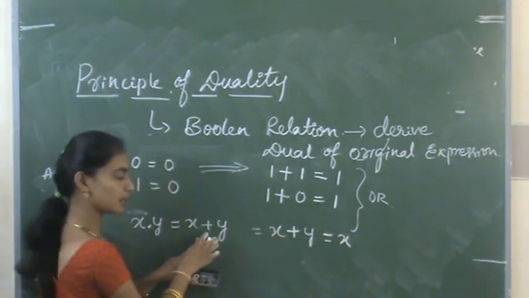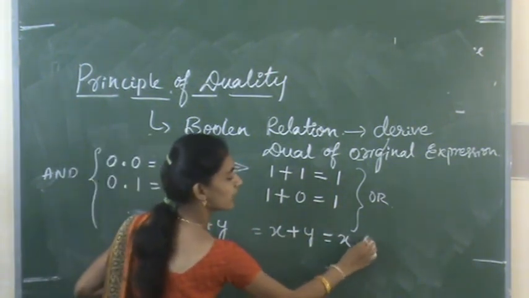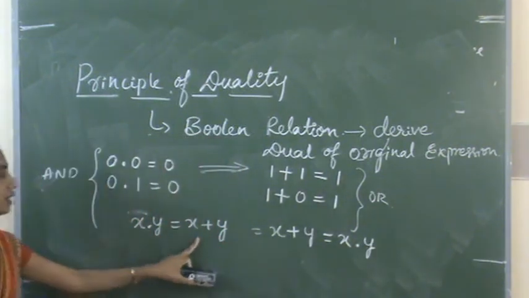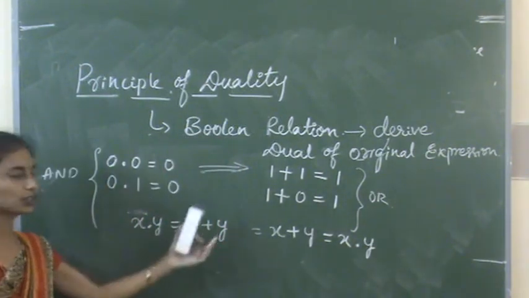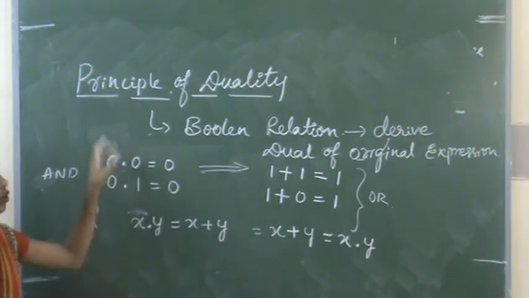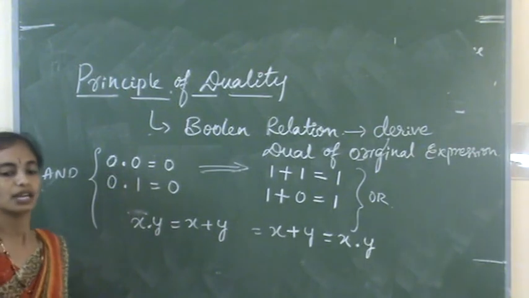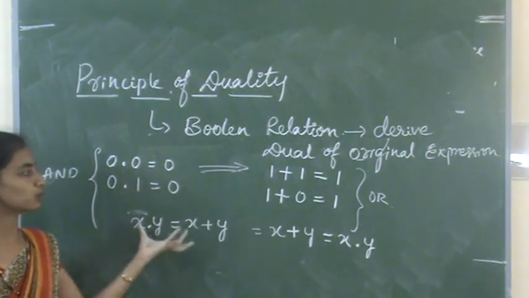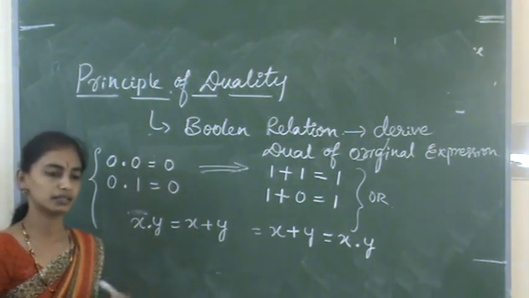We have the OR operator, change it to the AND operator, and then y. So like this we have to dual the original relation or original expression. So this is about the principle of duality. Next class we will study how to derive with example 3. Okay, thank you.